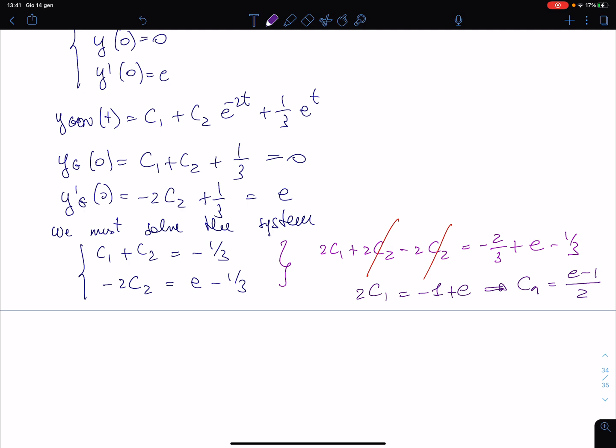However, C2 can be directly found from here: it is minus e over 2 plus 1 over 6.